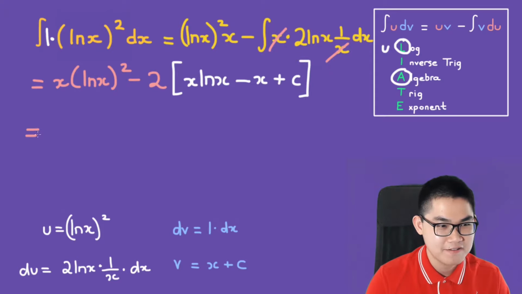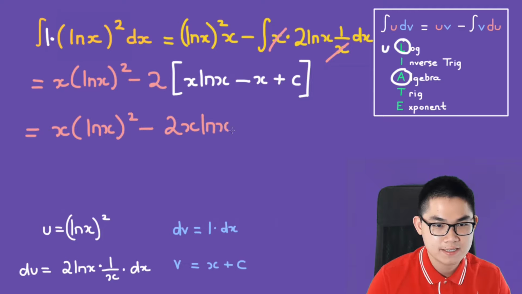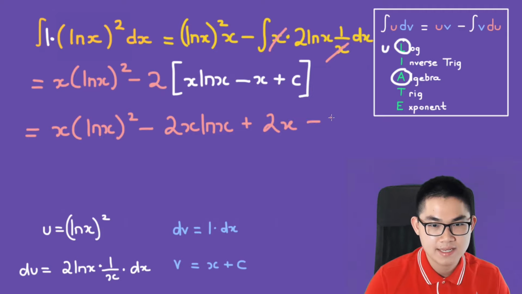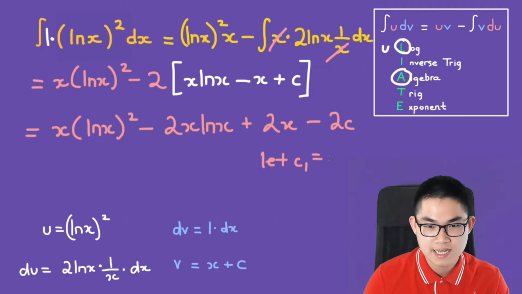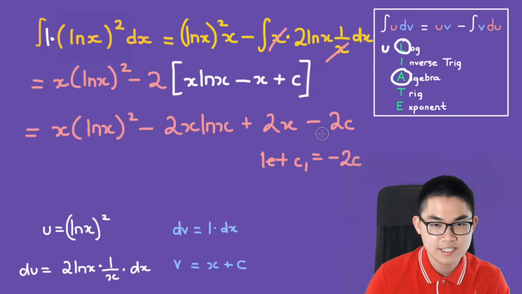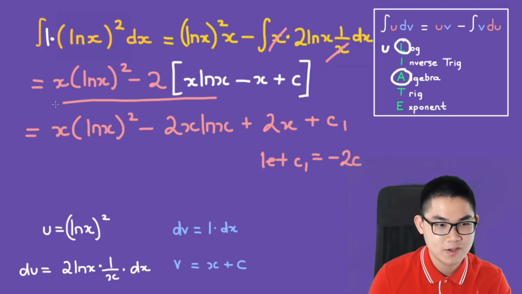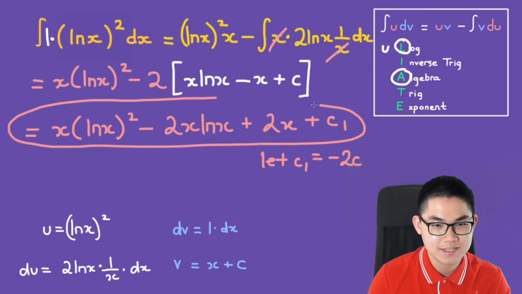And so we have x ln of x to the power of 2 minus 2x ln of x plus 2x minus 2c. But we can say let c1 equal to negative 2c. So now this is the same thing as saying plus c1, because c1 is equal to negative 2c. So here we go. This is our answer.